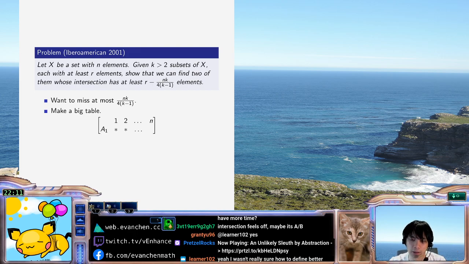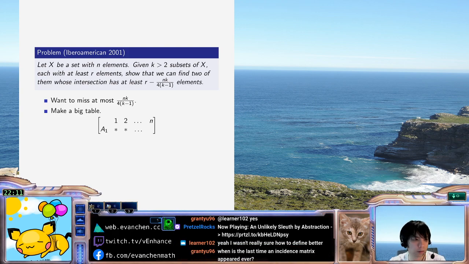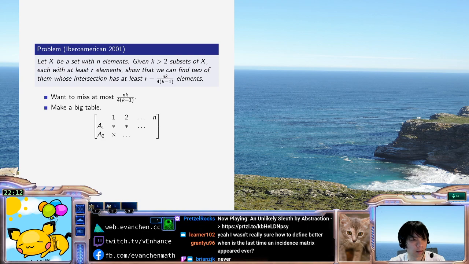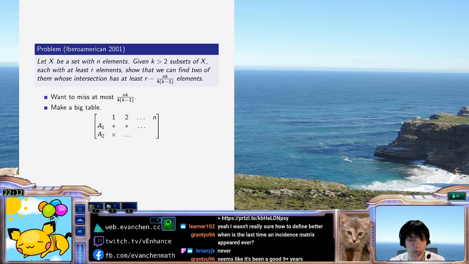Below each star, I'll put a big X if A1 has an element and A2 doesn't have that element. And my idea is I want to double count the X's.